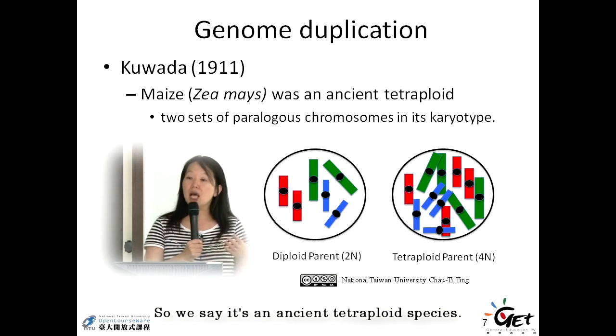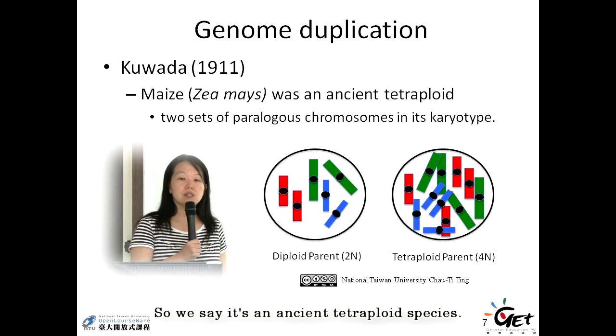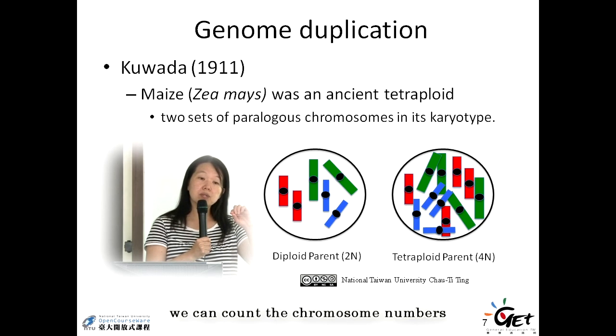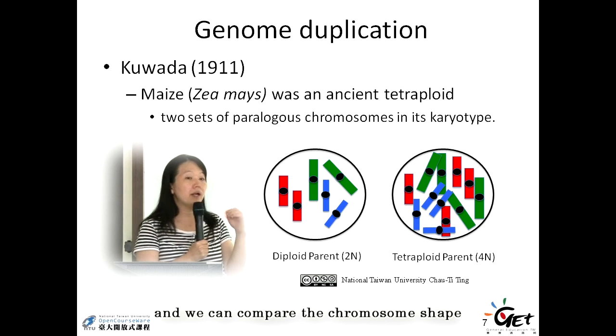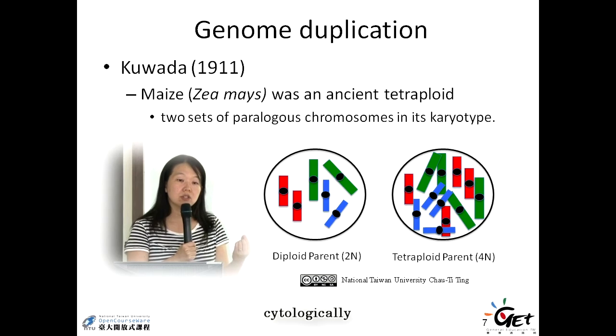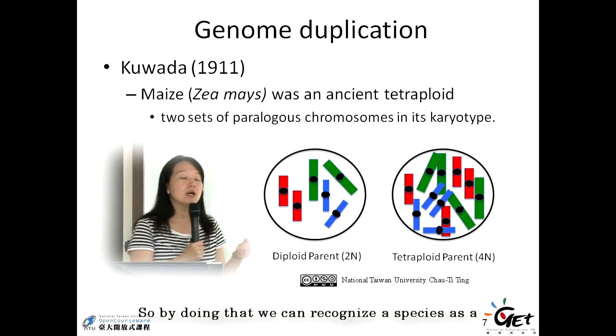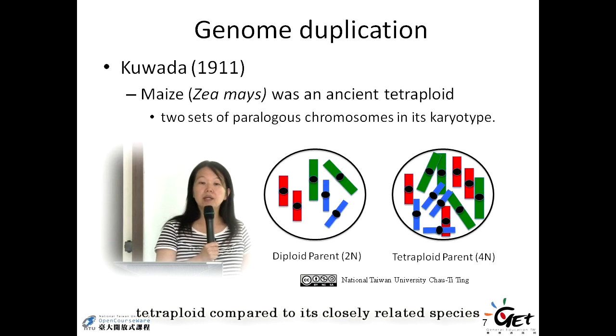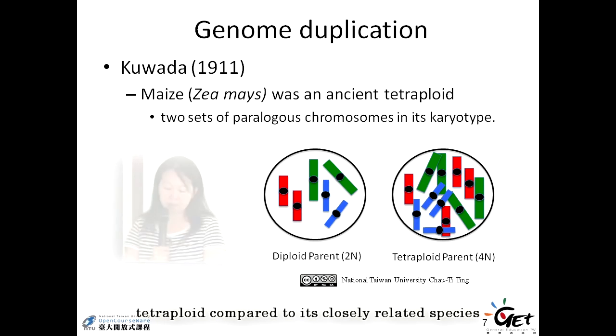So we say it's an ancient tetraploid species. Because we can count the chromosome number, and we can compare the chromosome shape cytologically, we can recognize a species as a tetraploid compared to its closely related species.